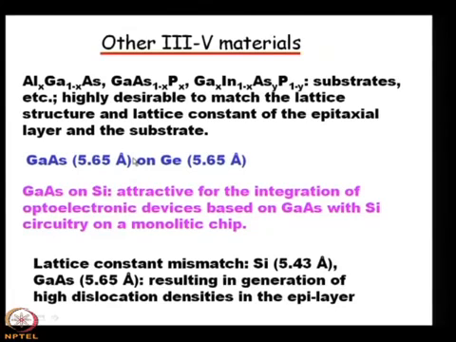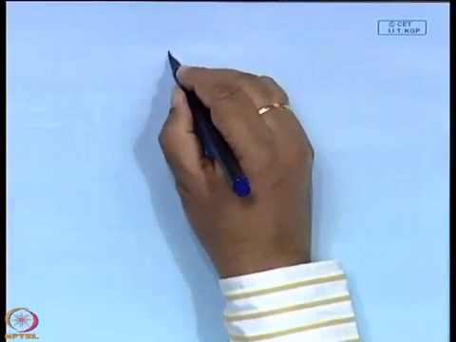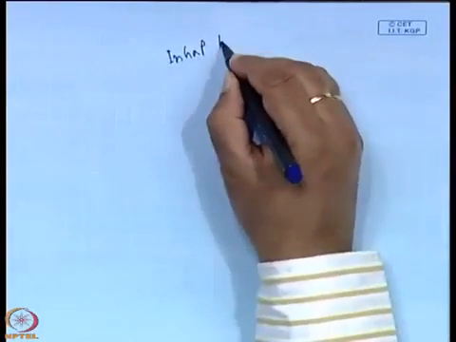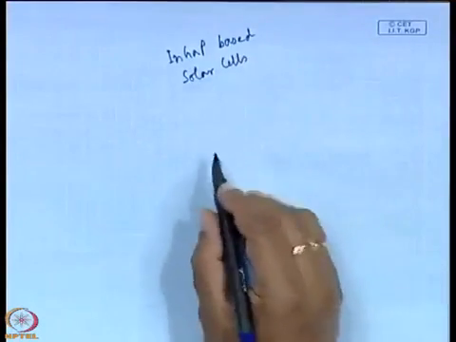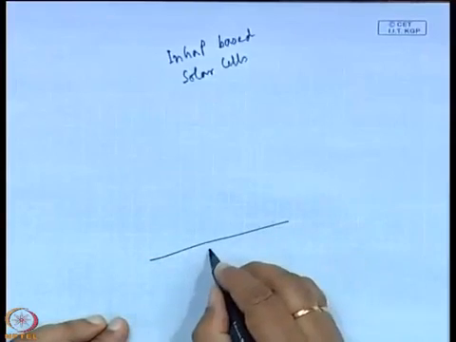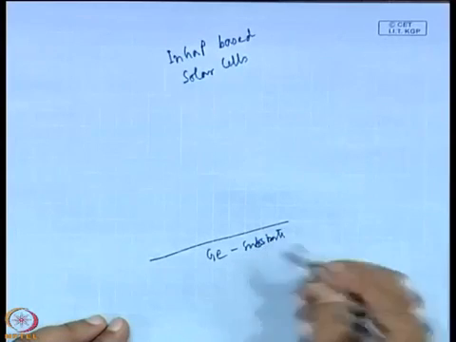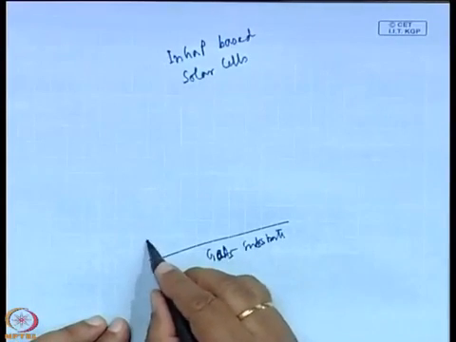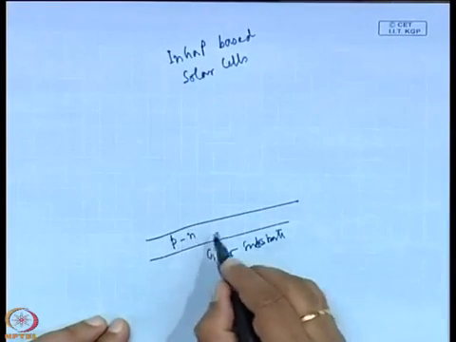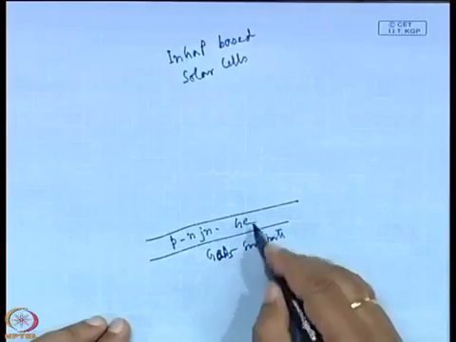And this is a very important material. Particularly, I can tell you, if you take the example of the 3,5 solar cells, indium gallium phosphide based solar cells, the structure is essentially, first you take a germanium substrate or a gallium arsenide substrate, then after a buffer layer you grow a p-n junction of germanium, because it is lattice matched to gallium arsenide.